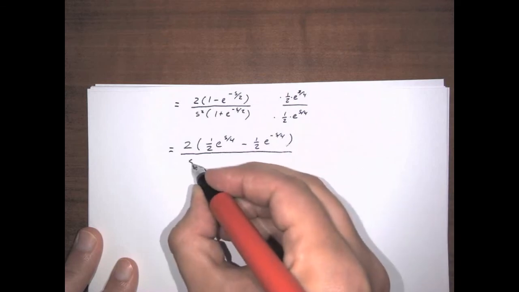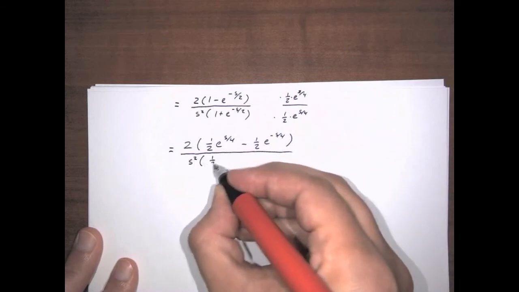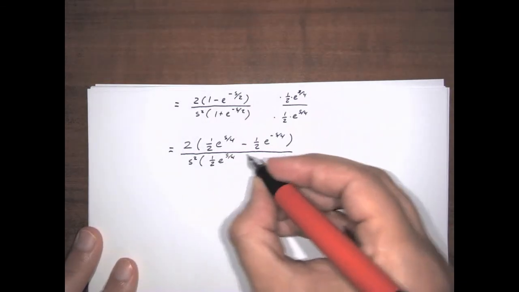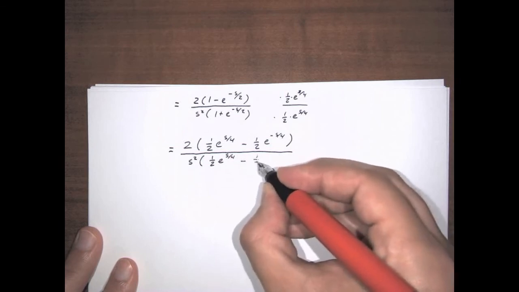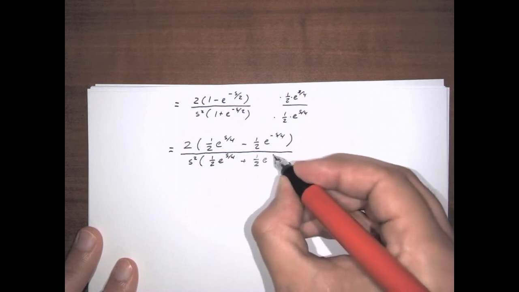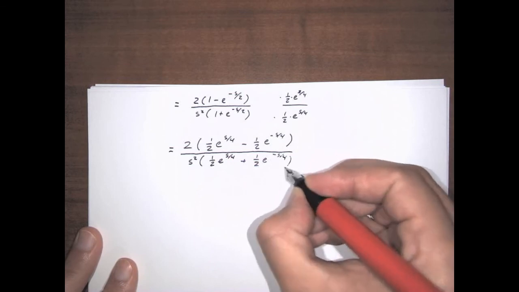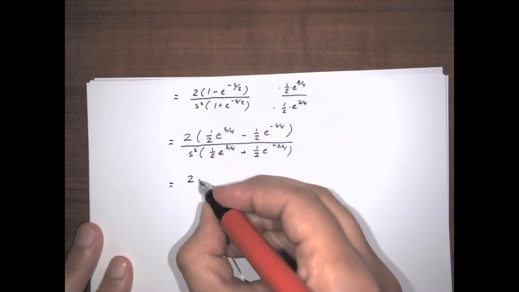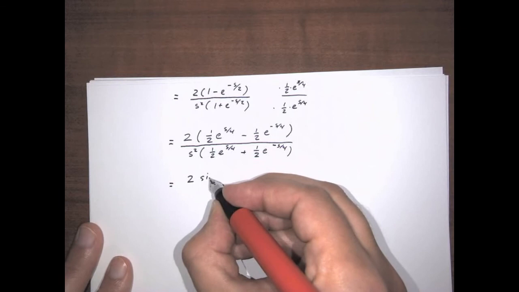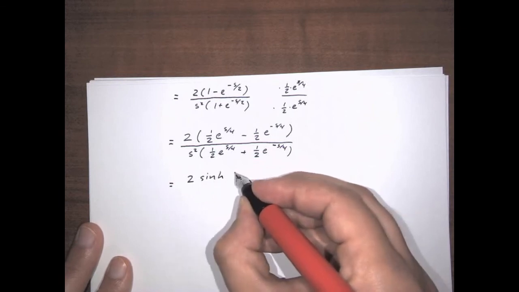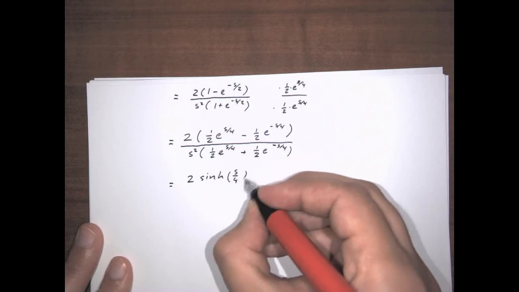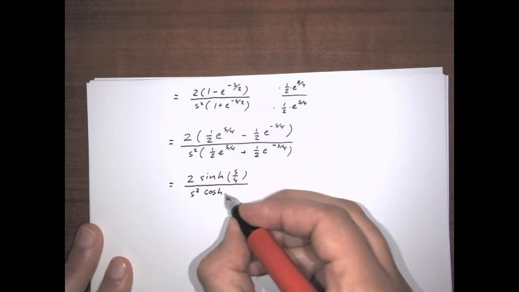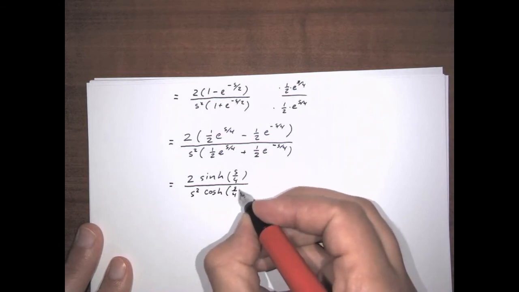Down here we'll have s squared times 1/2 e to the s over 4 plus 1/2 e to the negative s over 4. And the reason for doing that is the same as before. That makes it 2 times the hyperbolic sine, so 2 times sinh of s over 4 divided by s squared times cosh of s over 4.